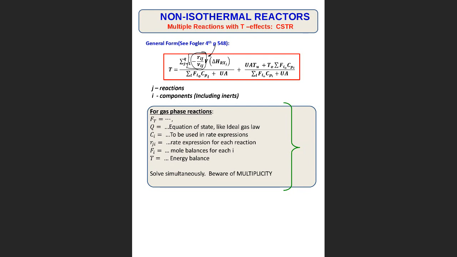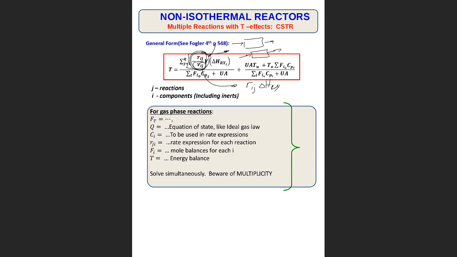Okay, so I stopped. I once had TUTs on multiple reactions in CSTRs, and I had to give bounds of search: search in that bound for the temperature, search in that bound for the molar flow rates, which I am not going to expect of you in this course. But the same thing over here, Fogler's equation is just what is the rate of I in j and what is delta H. So he's got a positive number there.